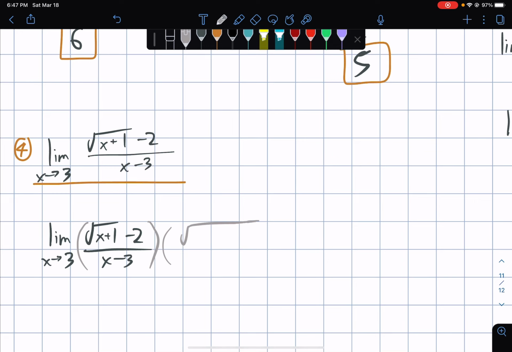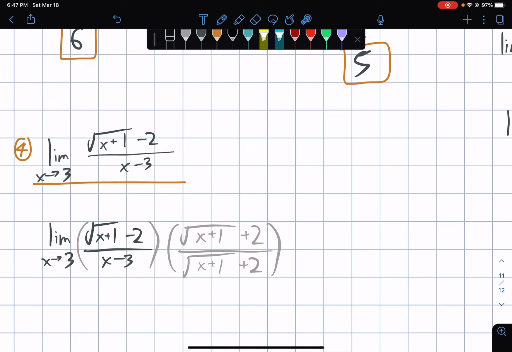So we have square root of x plus 1, then plus 2. Conjugate, we just copy whatever is inside that particular radical sign, and whatever that integer that's beside it could be, make it either, if it's negative, then make it plus here. If this is positive, then make this negative.